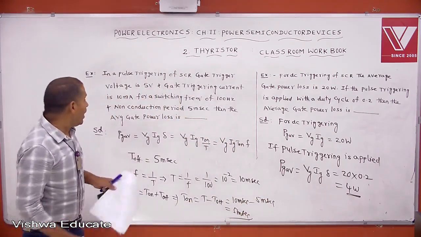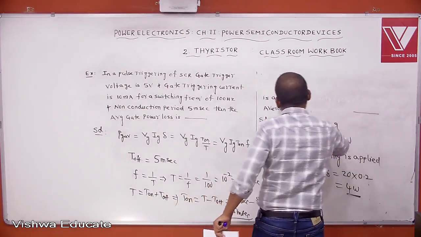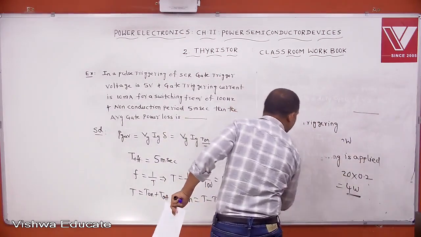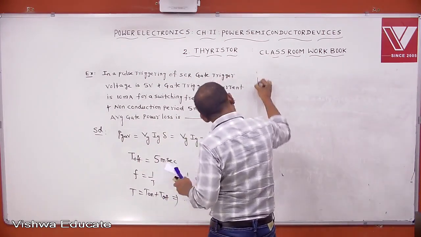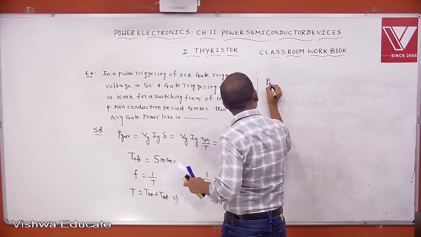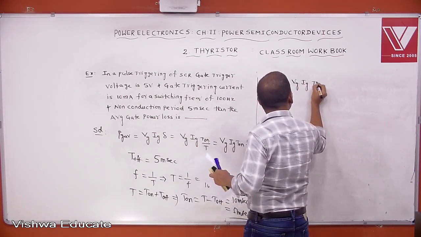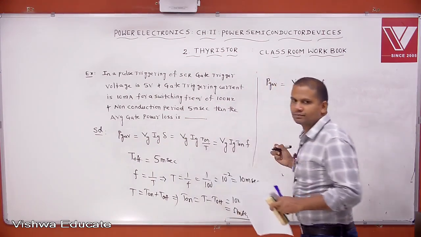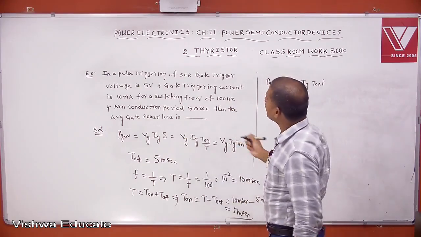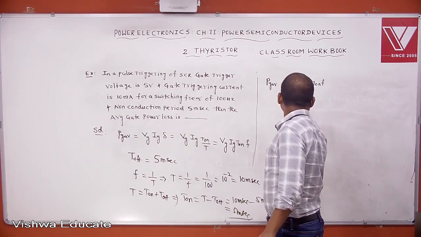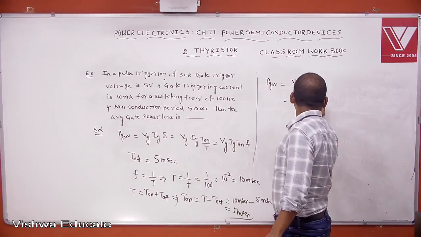Okay. Now, what is the average gate power loss? Now you calculate. The average gate power loss equal to PGAV equal to VG into IG into T on into F. VG is given, gate voltage 5 volts. Gate current is given, 10 milliamperes.